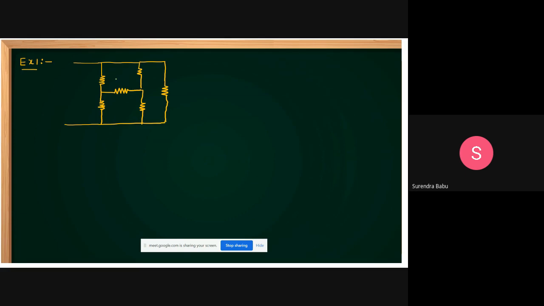This is 5 ohms, 5 ohms. This is 12.5 ohms, and this is 15 ohms, and this is 10 ohms, and 10 ohms. And this is 20 ohms, and this is 30 ohms.